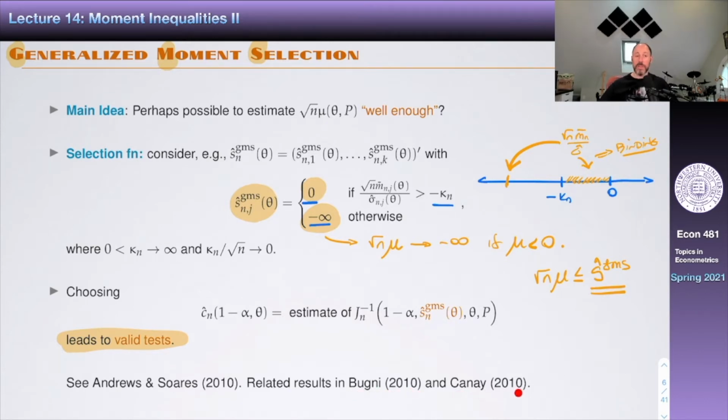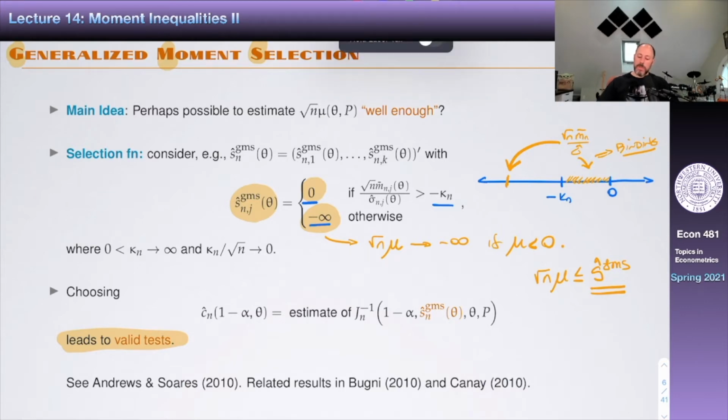All three papers came essentially at the same time. The paper by Andrews and Soares was a lot more complete because they considered a lot more families and had a lot more results. Initially, as I said before, my paper and Federico's paper had pointwise results, but the main idea was the same.